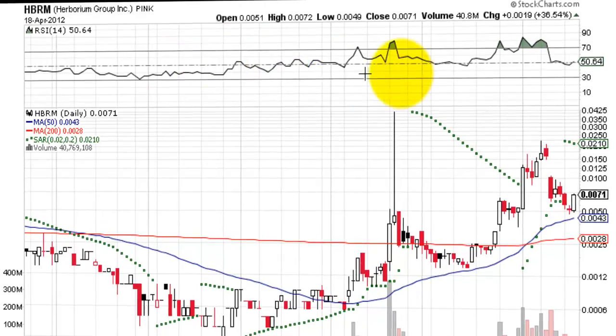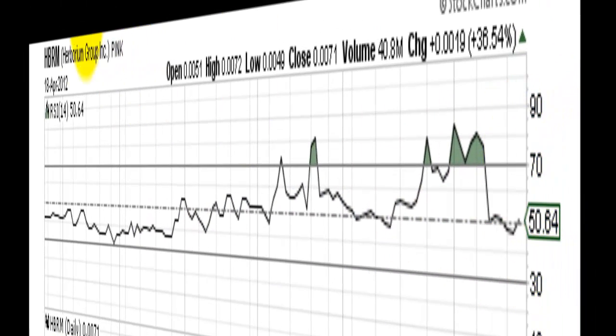We're going to start off right here with the relative strength index, and that right now is trading in the 50.64 range. If we look back in the history of this, it's got up there around that 50 mark quite a bit. What's great about it is that it hasn't really dropped below that, especially in 2012.